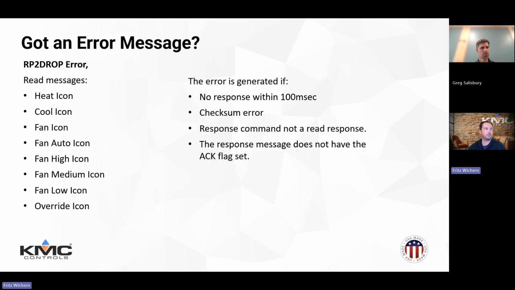With it, read property 2 drop error. The read messages, what it's looking at, a heat icon, cool icon, so all your icons there. And again, it's generated if there's no response within 100 milliseconds, or a response command, not a read response. So some of these things could be related to cable issues, if maybe it's a flaky connection, something like that.